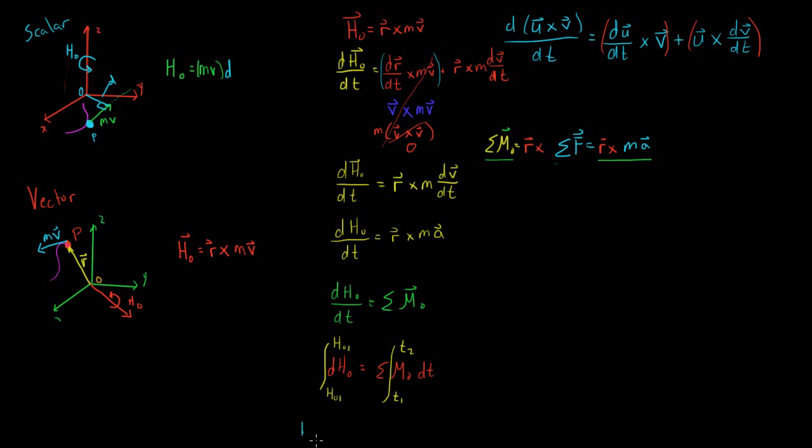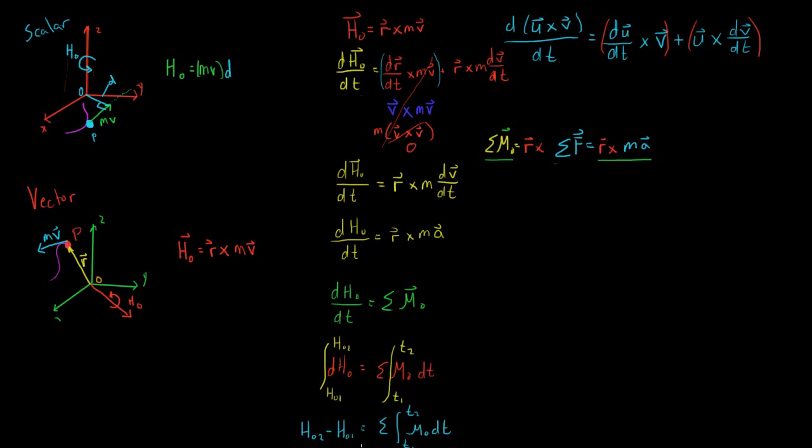When we perform this integral, we get the following equation. We get that the final angular momentum minus the initial angular momentum is equal to the sum of this moment times dt. And right now we're just going to leave this integral as it is. We're not going to perform this integration.